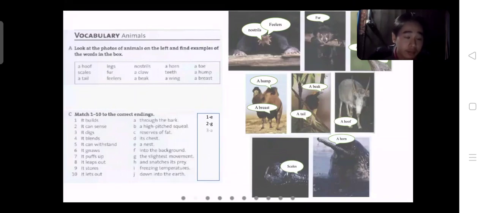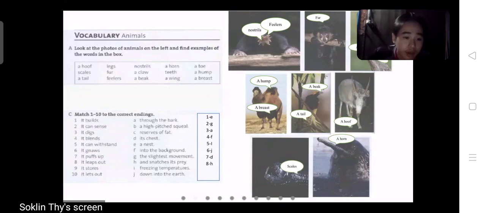Number three, to letter A: it sticks through the bark. Number four, to letter S: it blends into the background. Number five, to letter I: it can extend reaching temperature. Number six, to letter J: it gnaws down into the earth. Number seven, to letter D: it puffs up its chest.